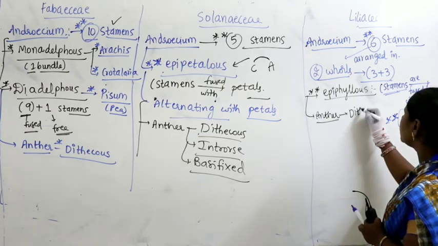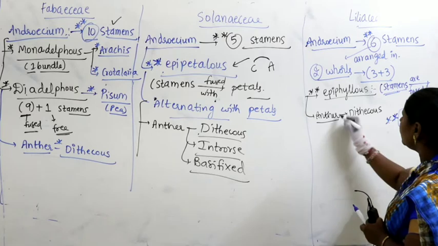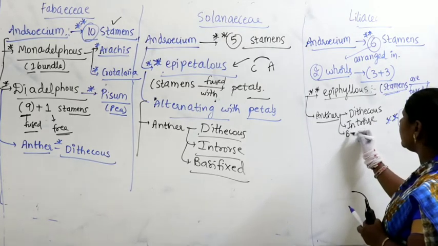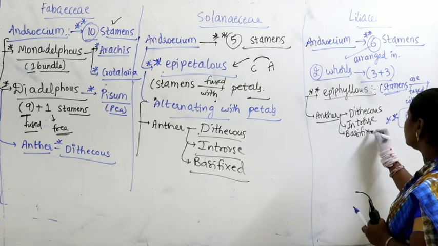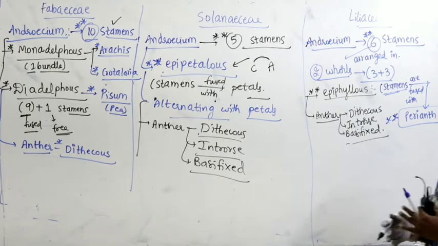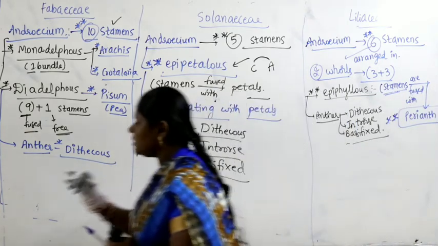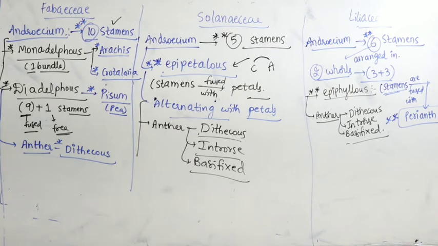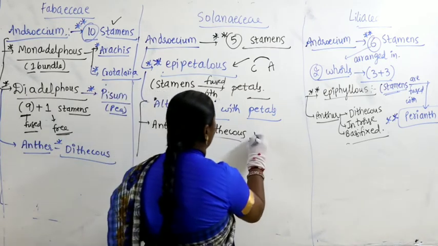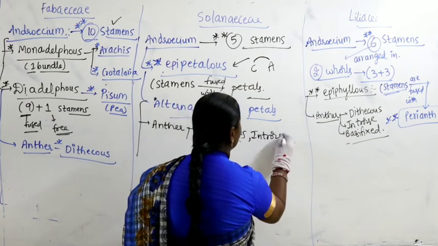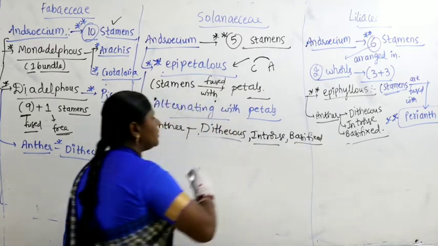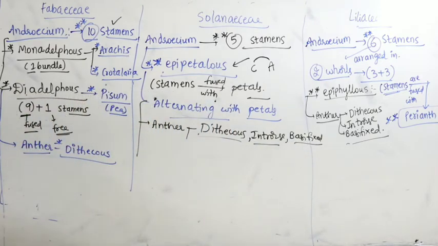So here also the other conditions for anther are the same. We write dithecous condition, we write introrse condition, as well as we write basifixed condition. So these conditions are generally common.